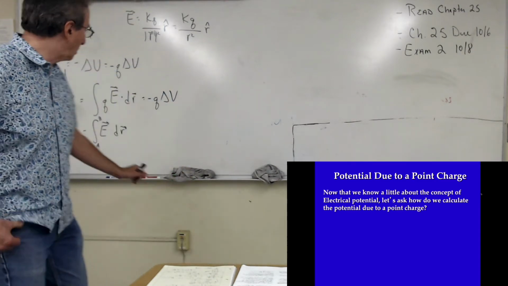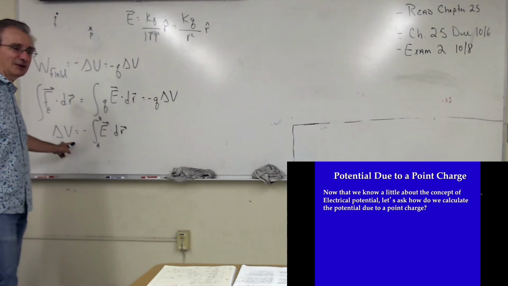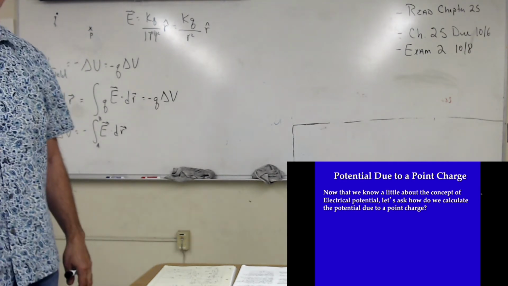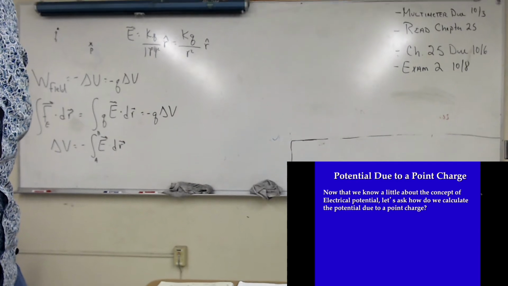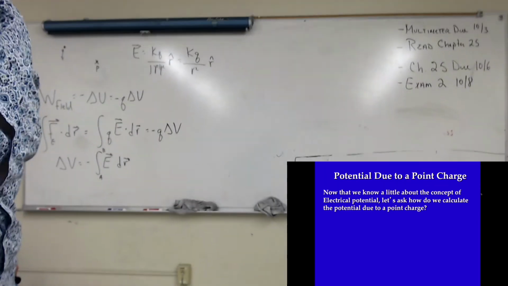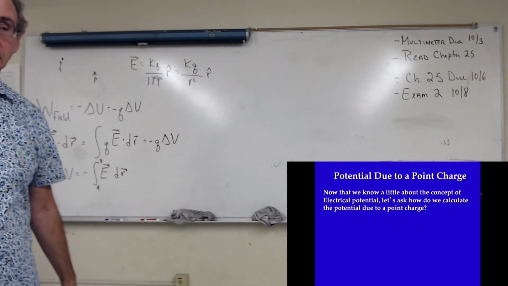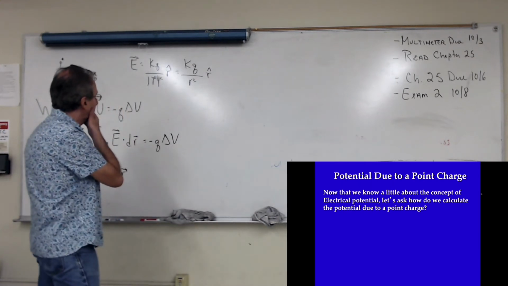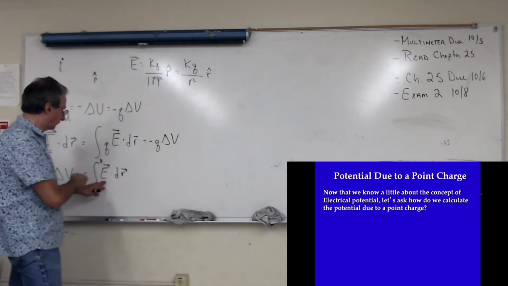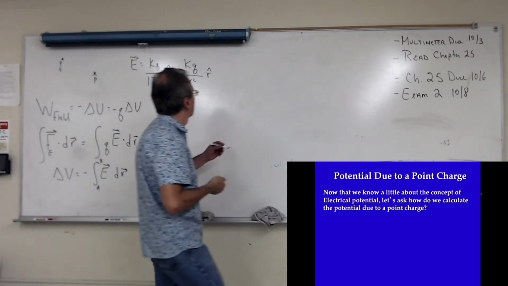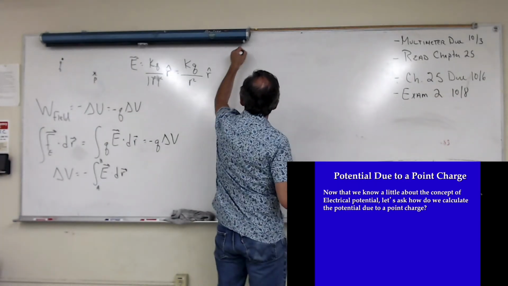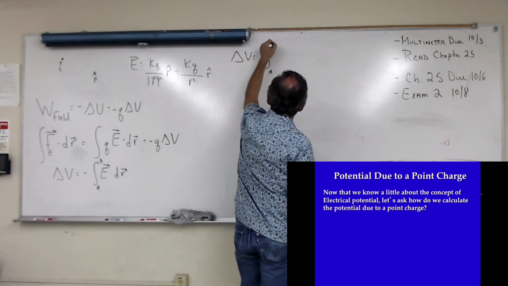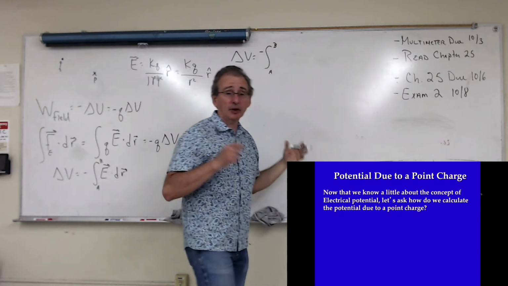So I need to define one of these to be my 0 when I do this calculation. I can define it anywhere, but there's a convention we choose, and I'll talk about that in a minute. So I want to integrate the electric field here. A and B are two arbitrary points in space.